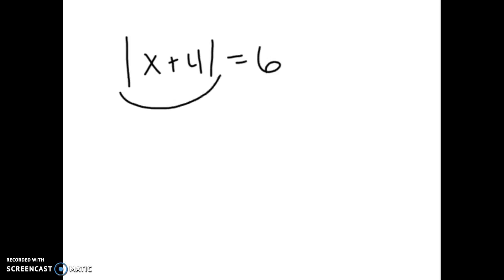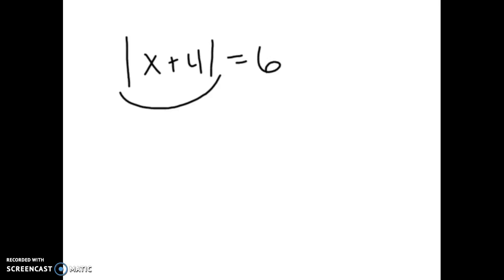For instance, if we have the absolute value of x plus 4 is equal to 6, what we first want to do is make sure that we isolate the absolute value, so it is by itself on one side of the equal sign and everything else is on the other side. Because we're talking about the distance from 0, we need to have both the positive and negatives.